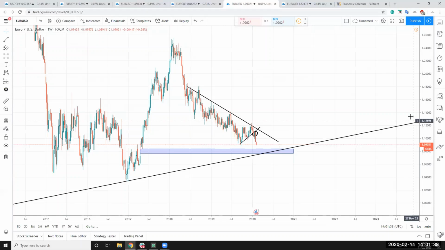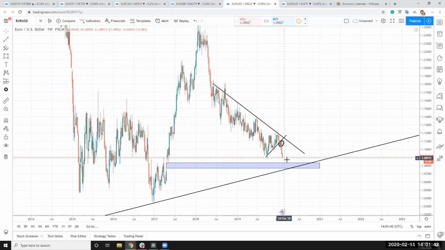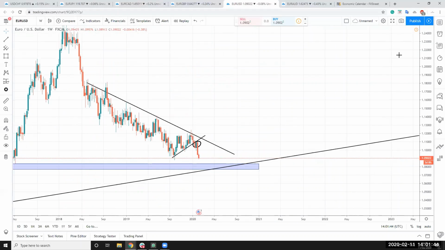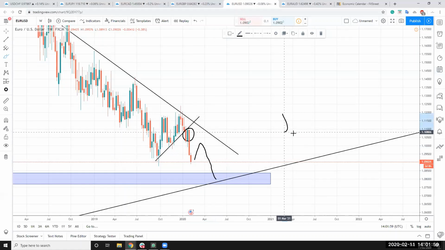Euro USD is in a critical place because we've got a gap. I think that price now is going to go back up into this area, like so, and then I think it will drop off. So we'll have a wick like this.